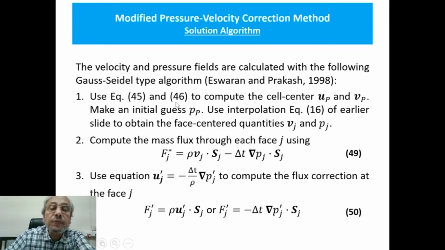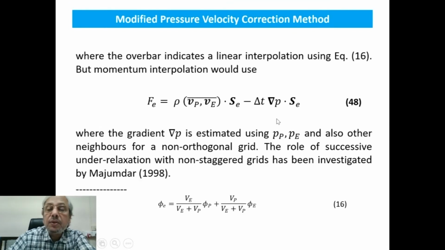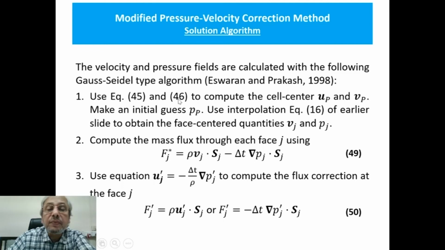So use equations 45 and 46, as I suggested earlier, to compute the cell center UP and VP. Make an initial guess of PP, the pressure at the cell of interest.